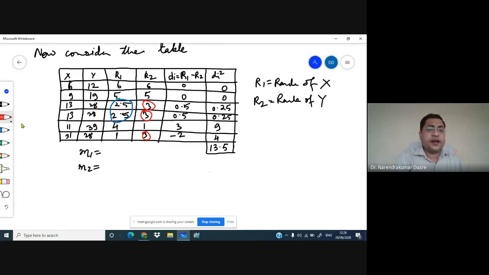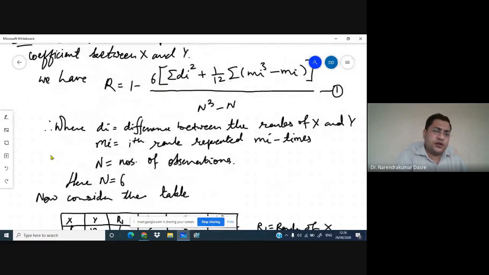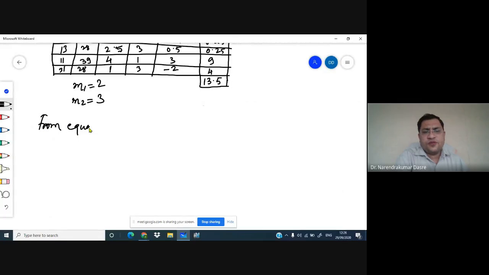Once we have this sum of di square, M1 and M2, we are able to apply the formula. From equation 1 we have R is equal to 1 minus 6 times the summation of di square.